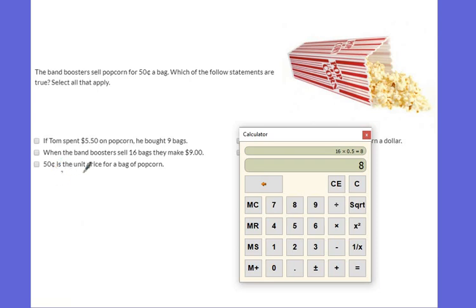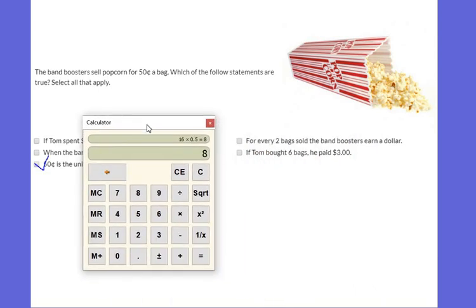It says 50 cents is the unit price for a bag of popcorn. They said 50 cents is the price for a bag of popcorn, so that one is, that's a terrible check mark, but that one is correct. Next statement says for every 2 bags sold, the band booster earns $1.